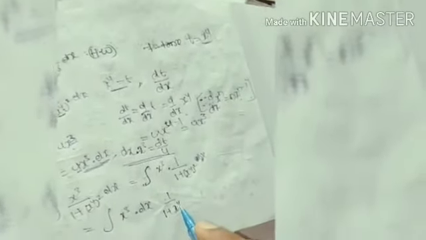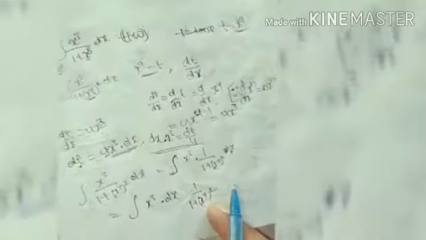So we write x power 3 dx into 1 by (1 plus x power 4) whole square.